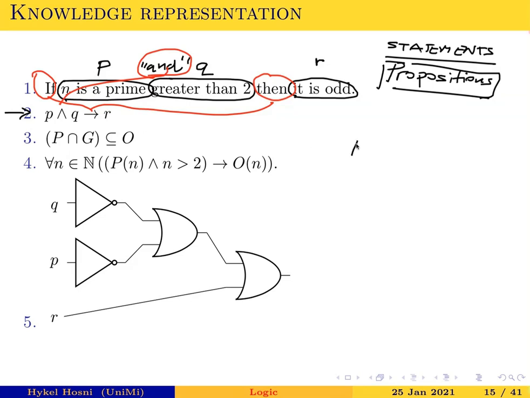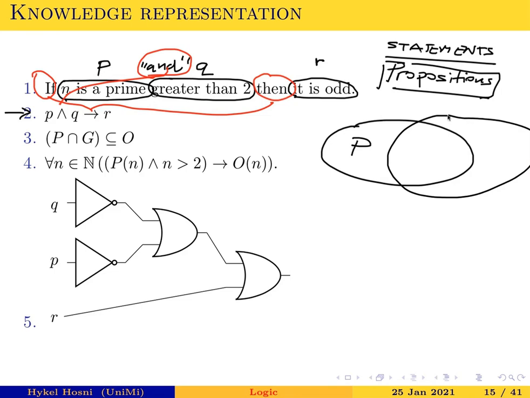The story is you assume that P is the set of prime numbers, so you just index this with P. And then G is the set of numbers which are greater than 2. So let me just, for clarity, say this.